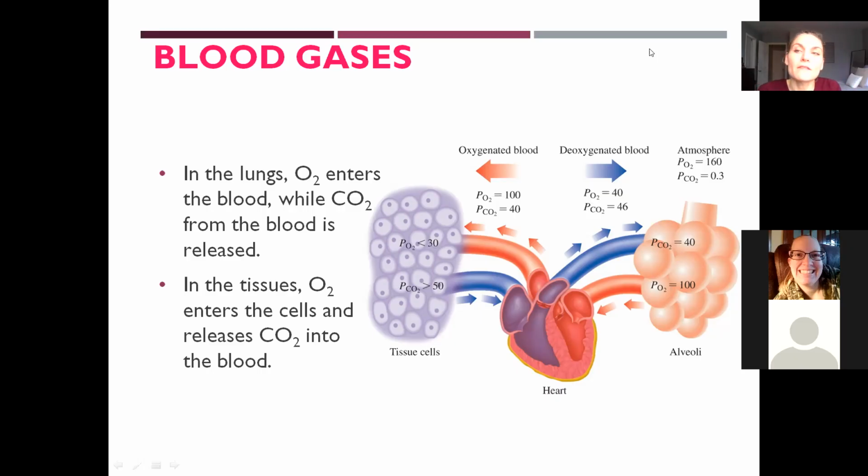In the alveoli of the lung, we're picking up oxygen. We have less oxygen there, so it wants to go from an area of high to an area of low. In the meantime, we drop off CO2, and then we can distribute it or get rid of it as our waste product.